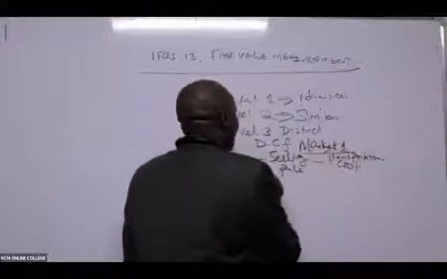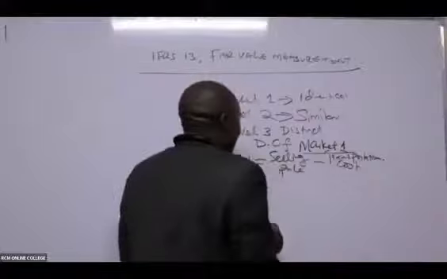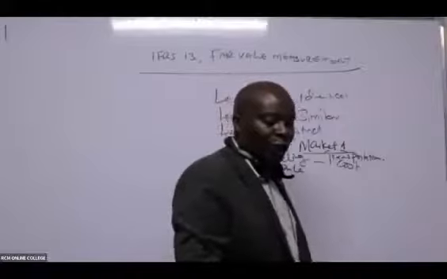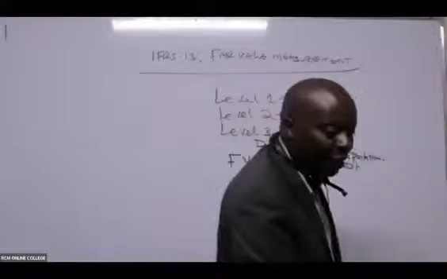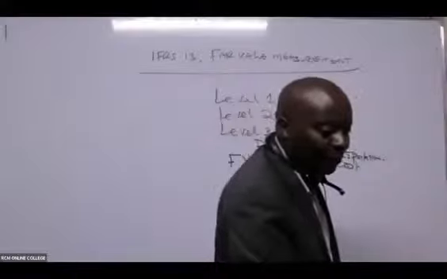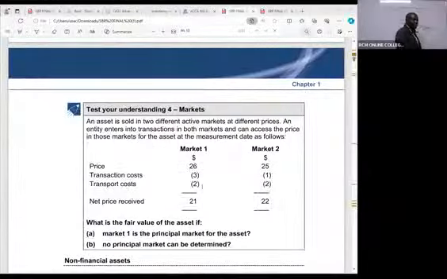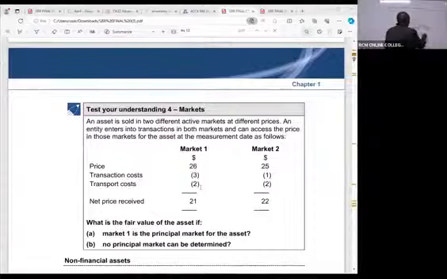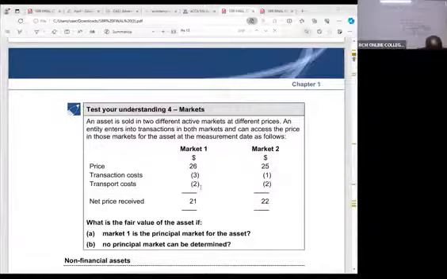So our fair value will be equal to the selling price, which has been given to us as 26. So I will take 26 minus 2, this is 24. So this 24 is the price at which you shall be able to carry your asset in your books of accounts, not the net selling price, because here we want to exclude transaction cost.